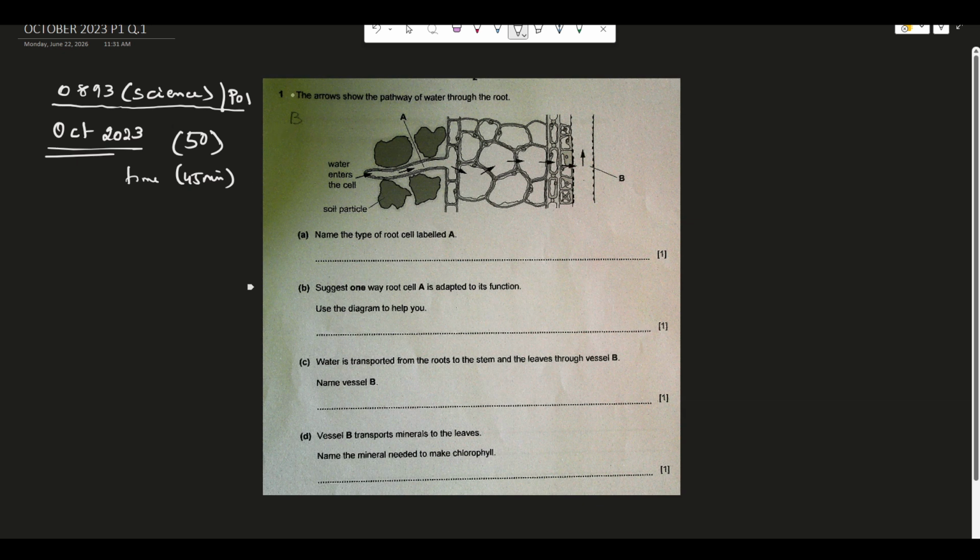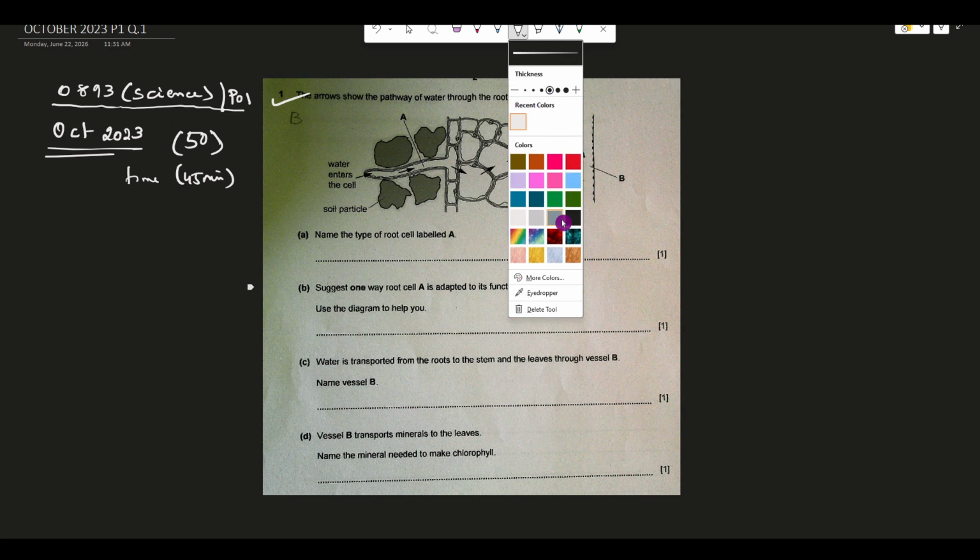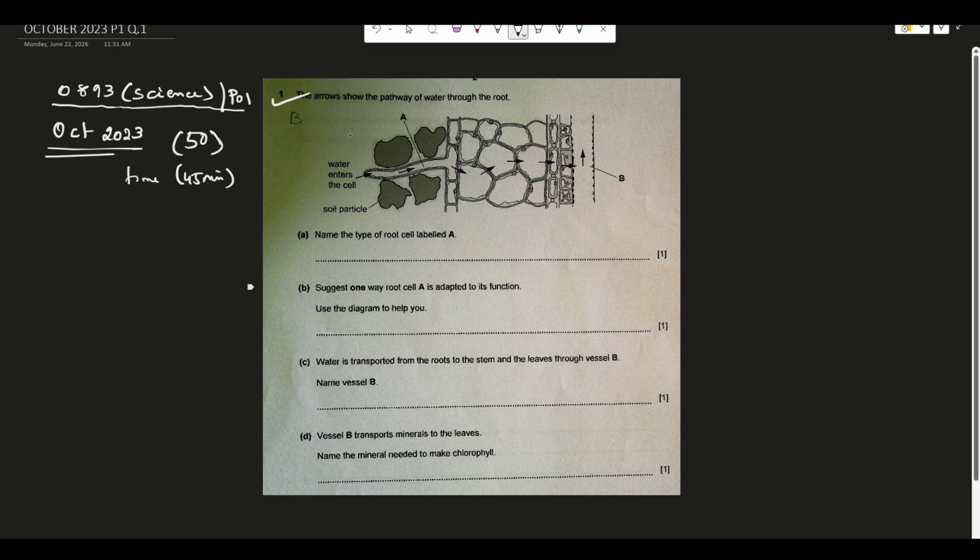Question number one is over here. Let me choose the pen first. Question number one says that the arrows show the pathway of water to the root.